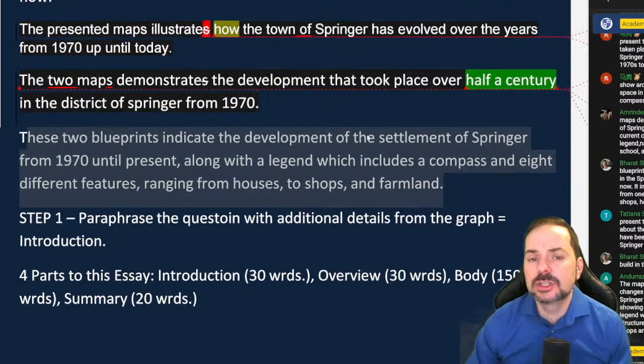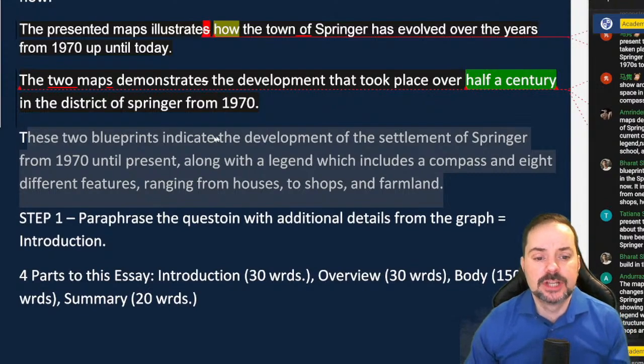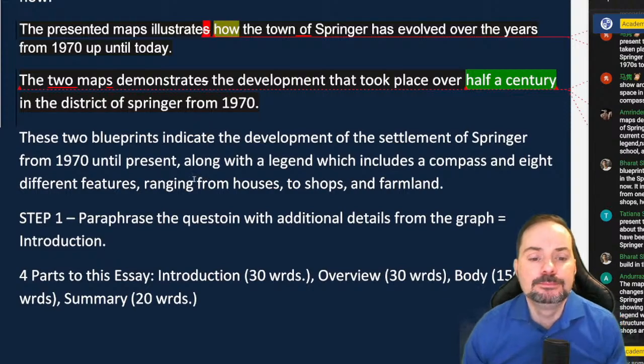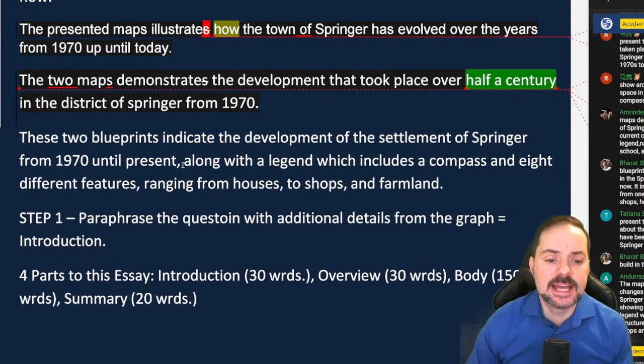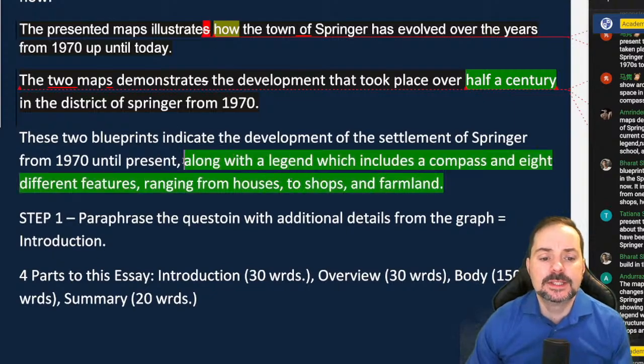Notice how that's just a much more in-depth introduction to this essay. So notice this part here, okay? All right, so that's the detail, okay?